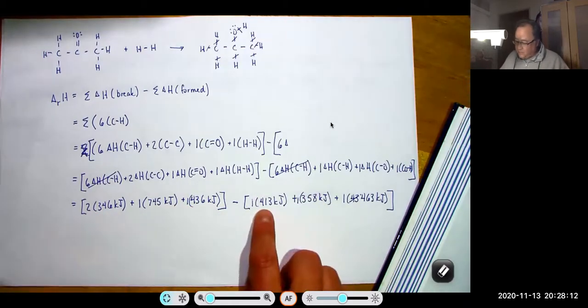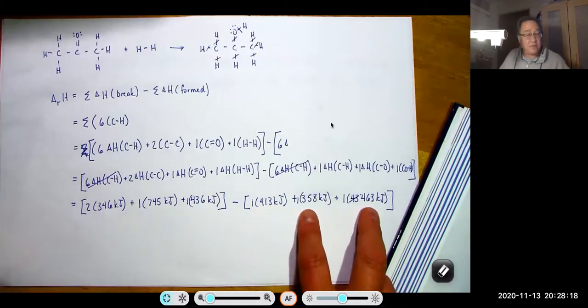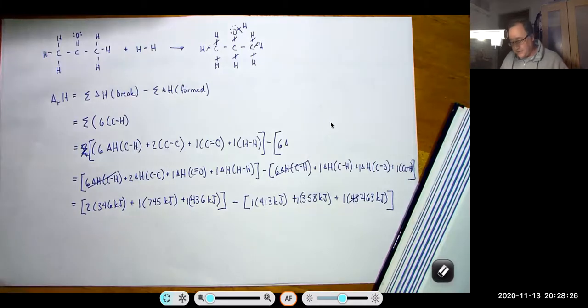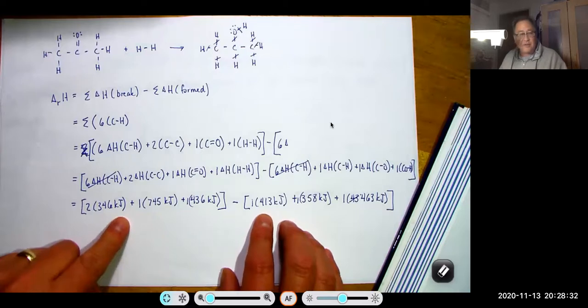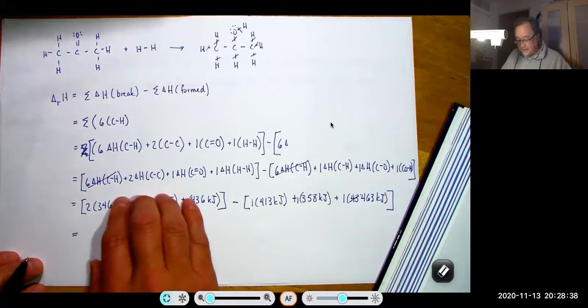Now let's add these two numbers together, 358 and 463. That's going to be close to 800, a little more than that. And then 800 plus 413 puts us at, I don't know, 1250. So if this is 1250 and 1900, the difference should be around 650 kilojoules. And it's going to be a positive value because this is bigger than that sum.